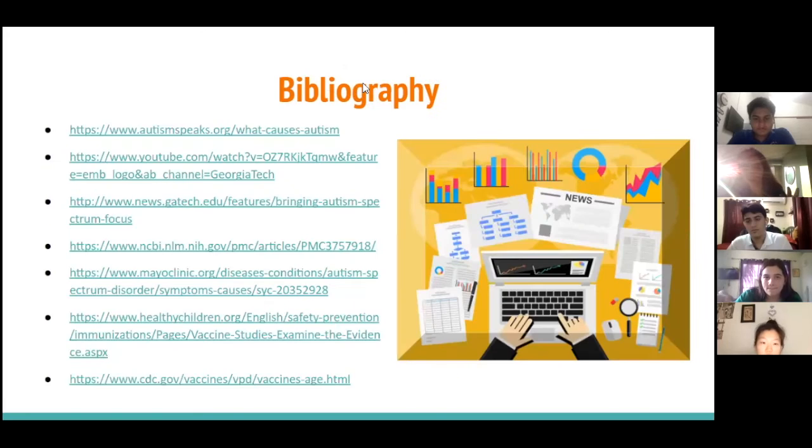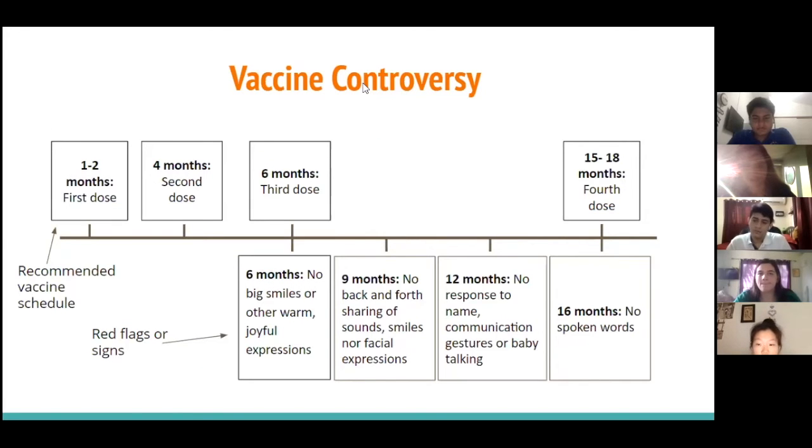And I just wanted to clarify, for the vaccine controversy, these are the common symptoms that could characterize an individual on the spectrum of autism's journey.